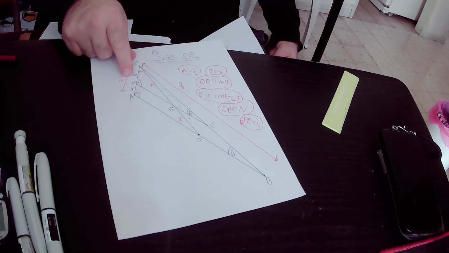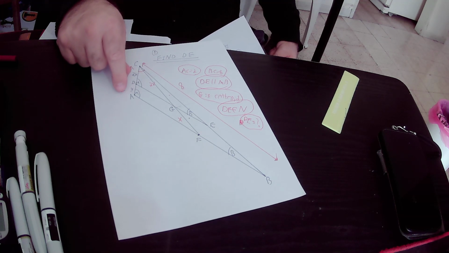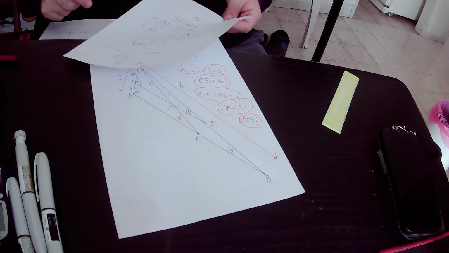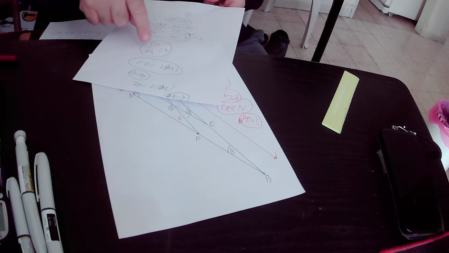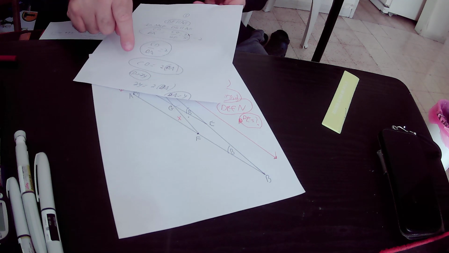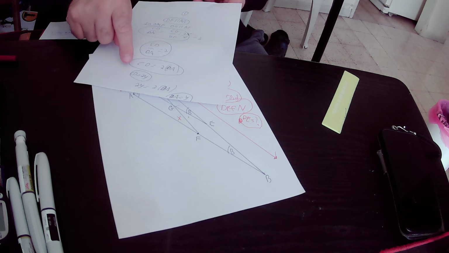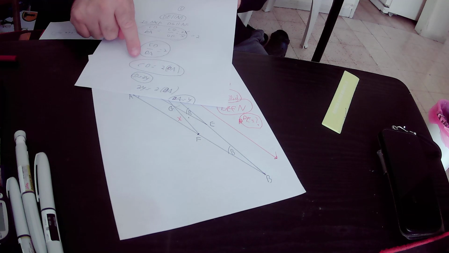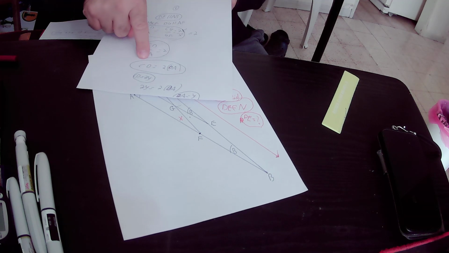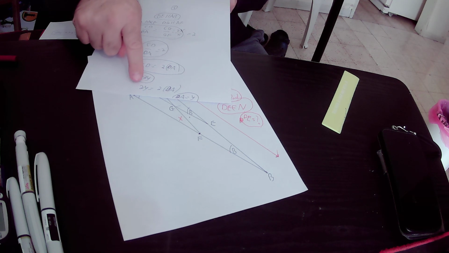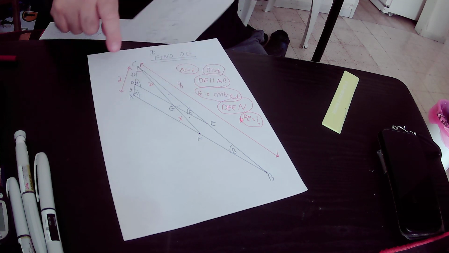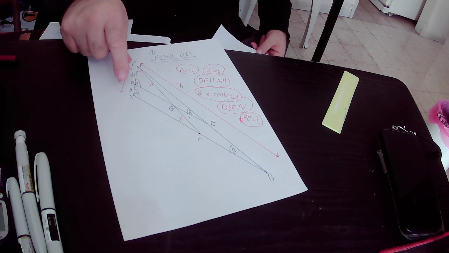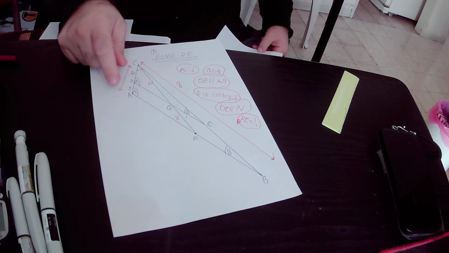So if CD equals 2y, we will substitute CD by 2y in this equality, and after we divide this equality by 2, we will get that AD equals y.